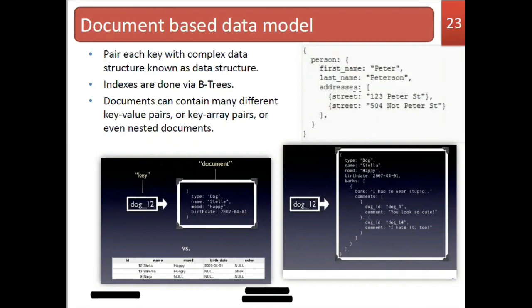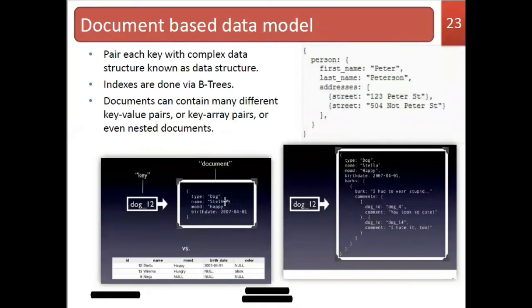A structure or document which is already available inside another structure or document, right? You can see here also that you have the key and then the document. In the key-value model, we have the key and the values are saved as they are. But here the document is saved in the form of a structure.